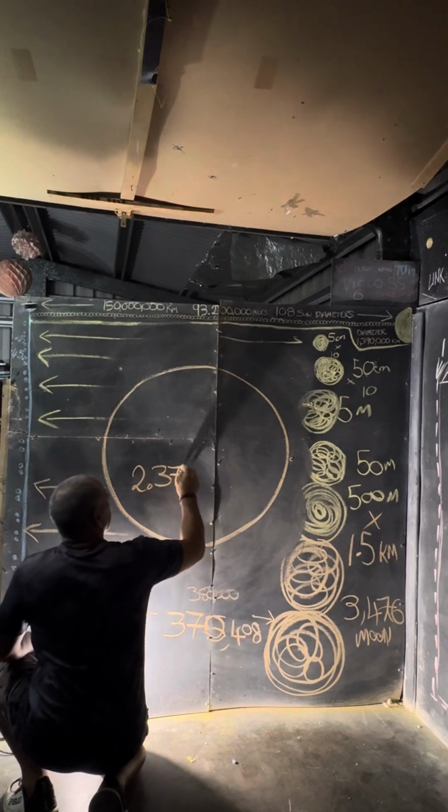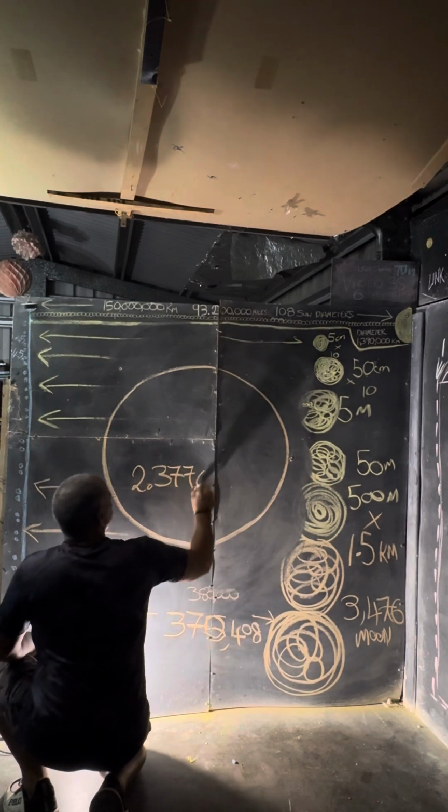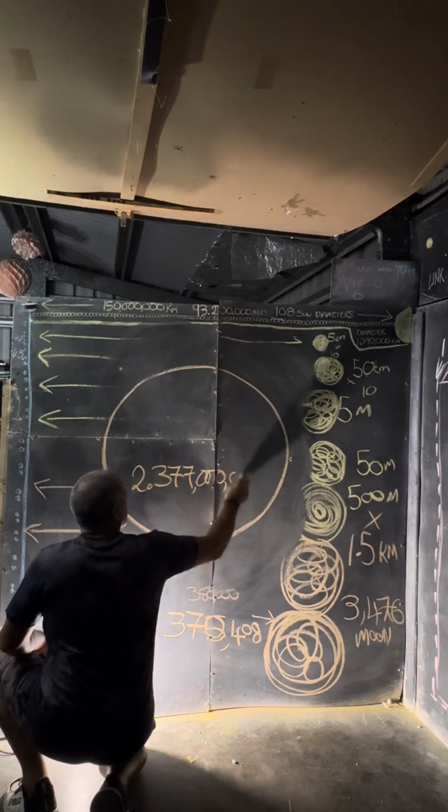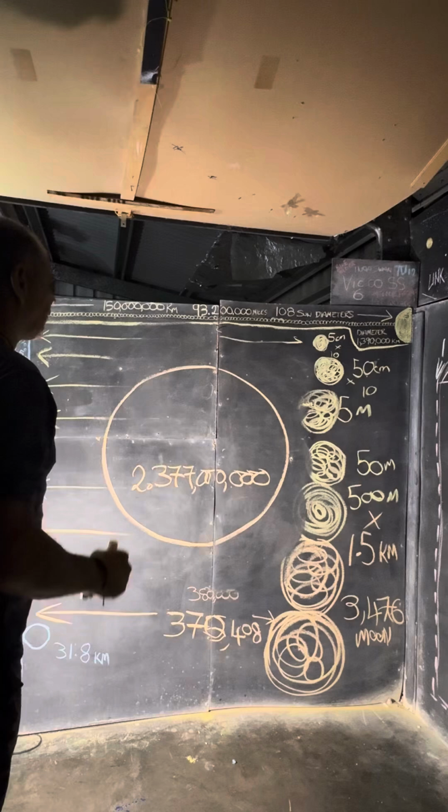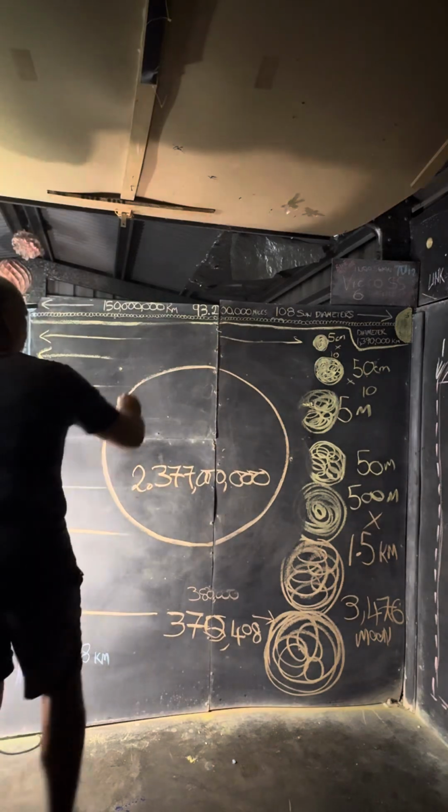I think it's 7.7, isn't it? 2,377,000,000 kilometers. UY Scuti.